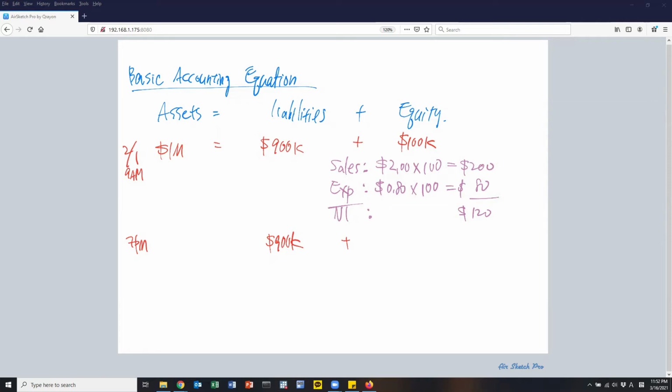As a result, the equity is not $100,000, it's now $100,120. And my assets are not 1 million, but 900,000 plus 100,120, right?